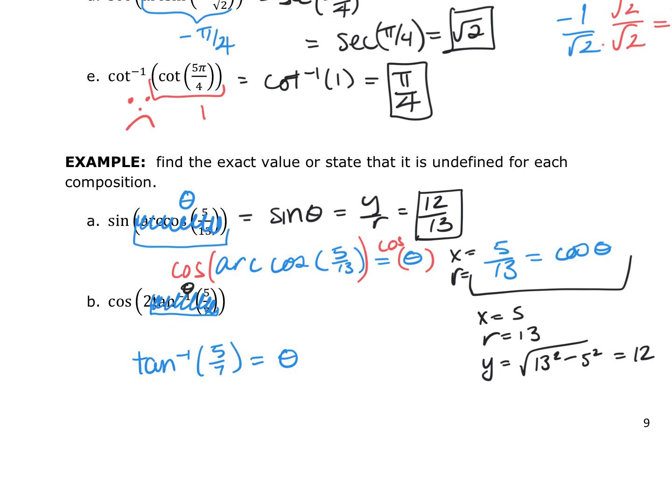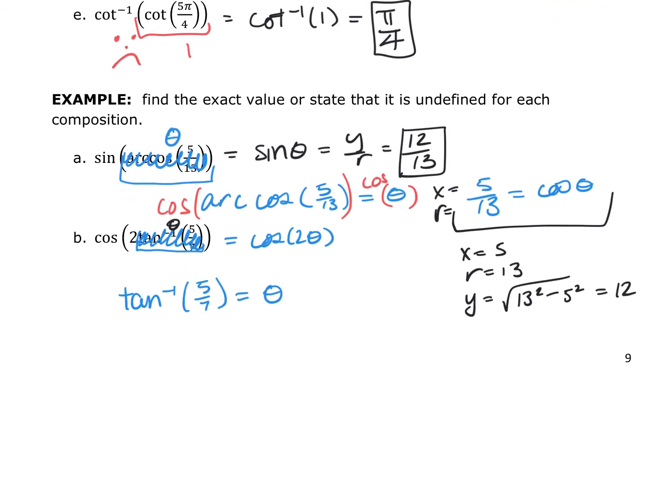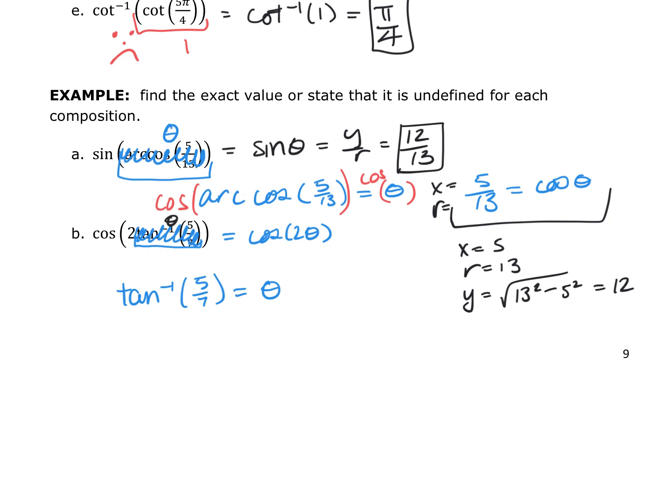So what I have then is the cosine of 2 theta. So if I take the tangent of both sides, then the left-hand side is going to be 5/7, which is equal to the tangent of theta.